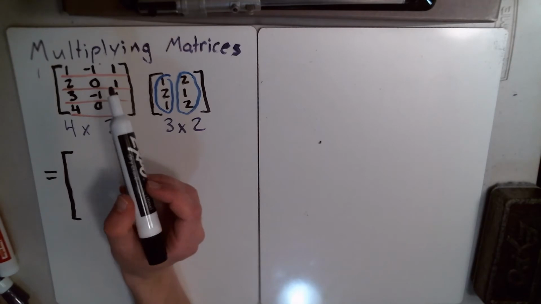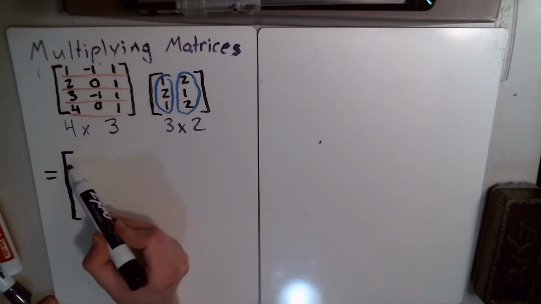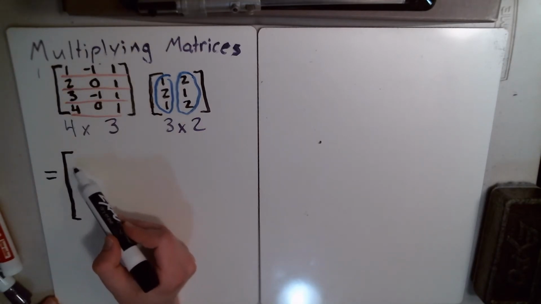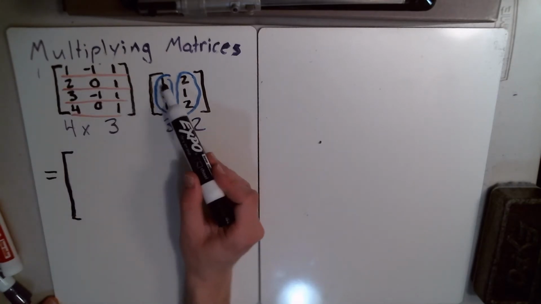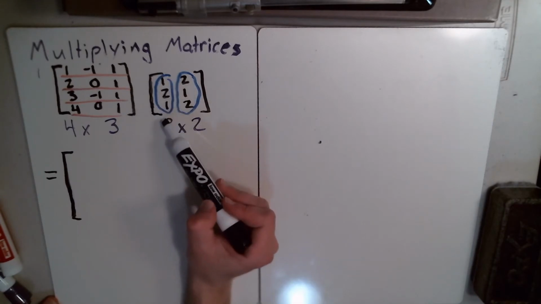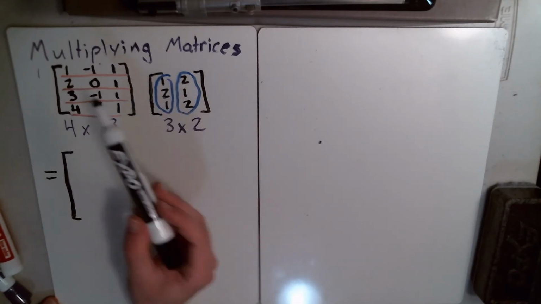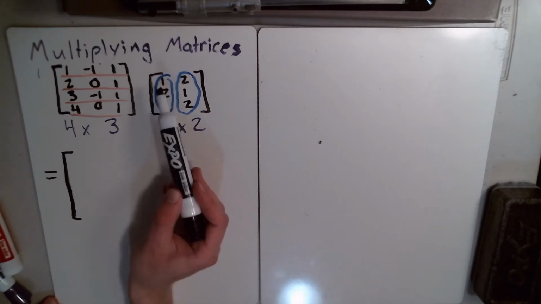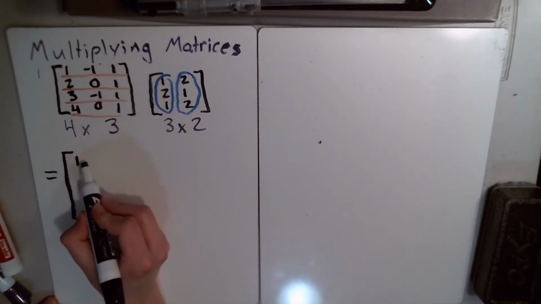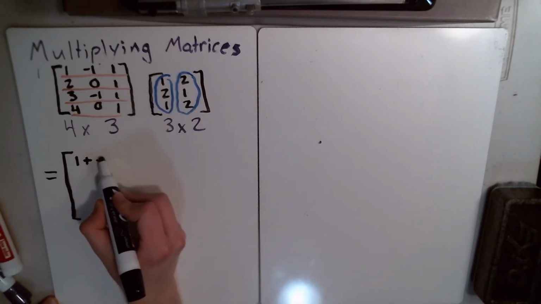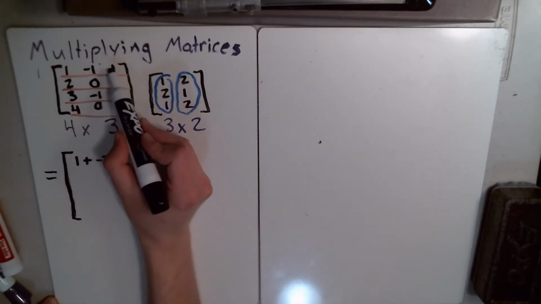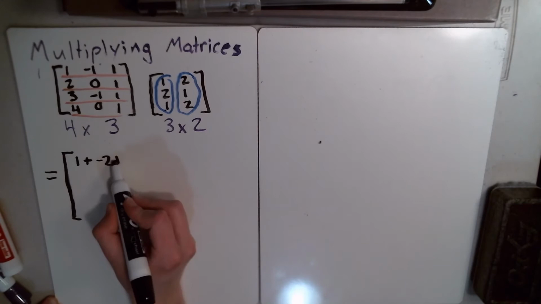For my first row, first column entry, I take the first row from this matrix, the first column from this matrix, and I times those. So I do 1 times 1 is 1, plus -1 times 2 is -2, and then 1 times 1 is 1.